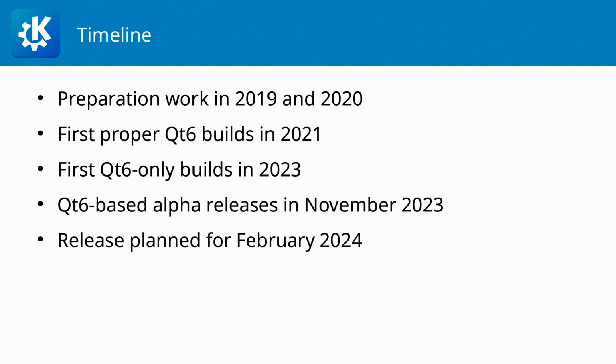So throughout 2021, we got the first proper builds of our software against Qt6. Back then, we still kept the compatibility with Qt5, so we could build both at the same time to be able to keep maintaining and releasing our software based on Qt5 while performing this transition, which in many cases worked out quite nicely. I'm going to come to the big exception to that later.